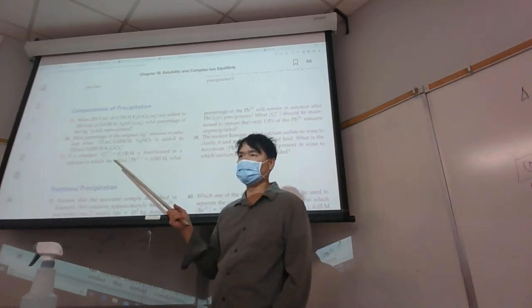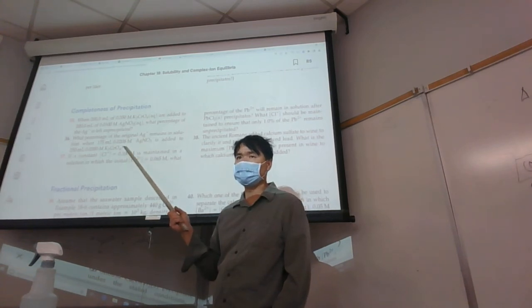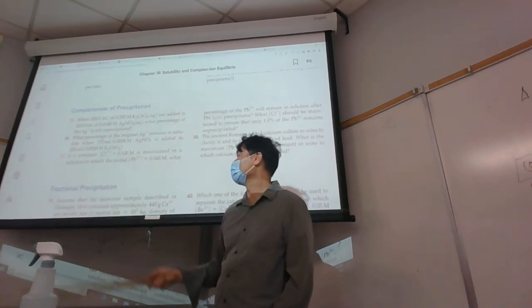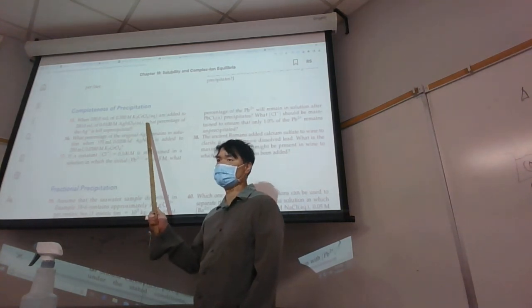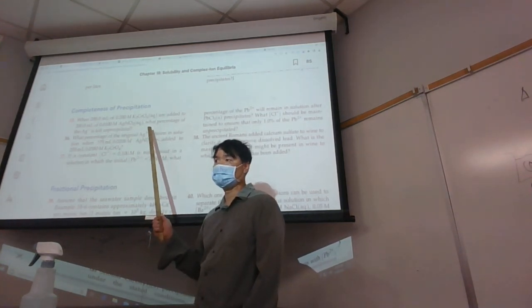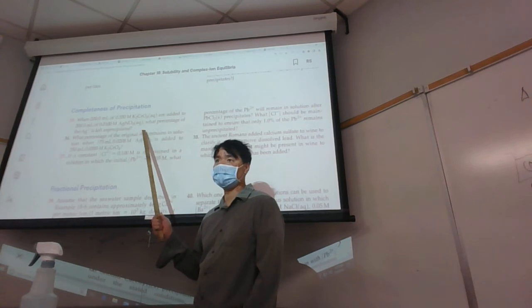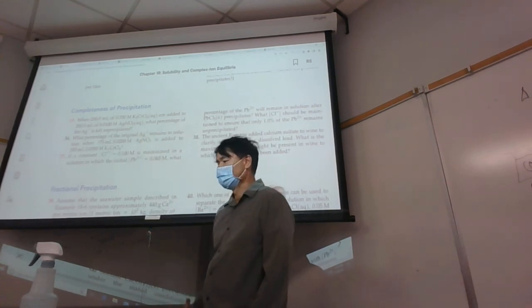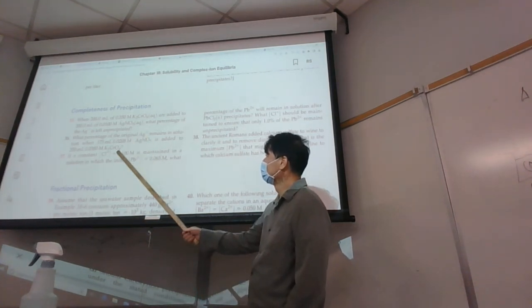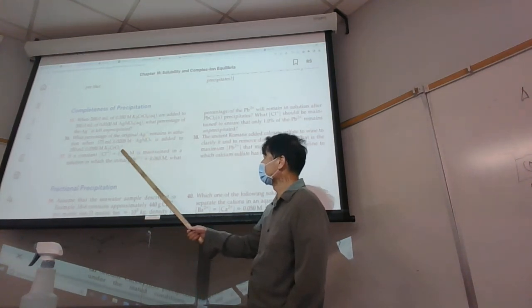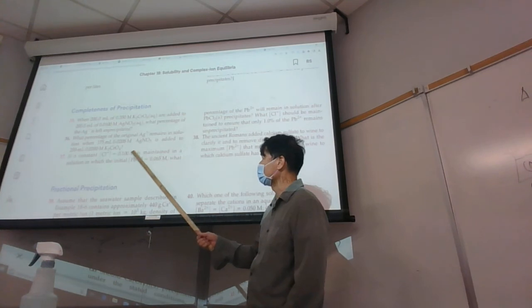Here I already know what's going to happen. Although I could do the QSP calculation, and I could see that QSP is going to be greater than KSP, it would be a waste of time. Same thing here. QSP is going to be greater than, I'm going to skip that calculation and just figure out how much precipitates, how much remains.